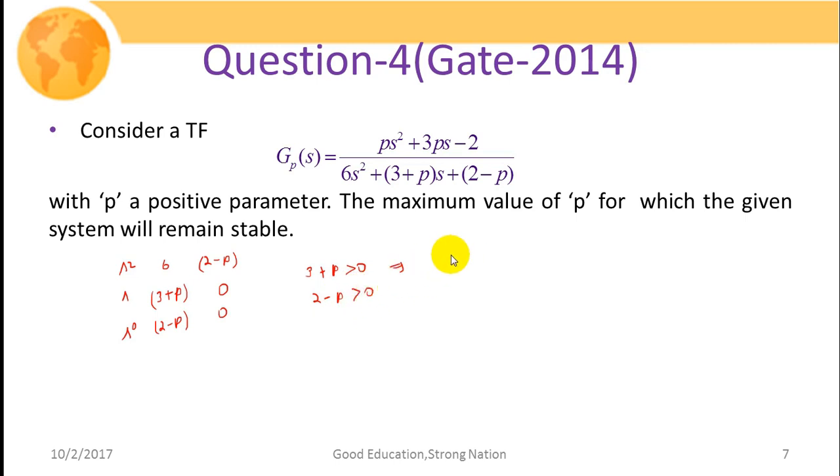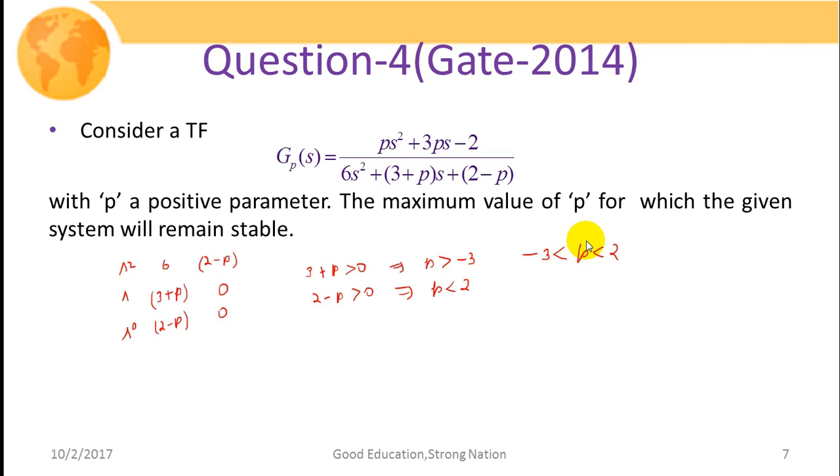The first condition gives us p should be greater than minus 3, and the second condition gives us p should be less than 2. So here we get a range of p which makes our system stable. I mean p should be greater than minus 3 and less than 2. So this is the range of p which makes our system stable.